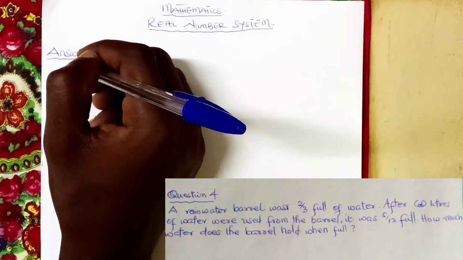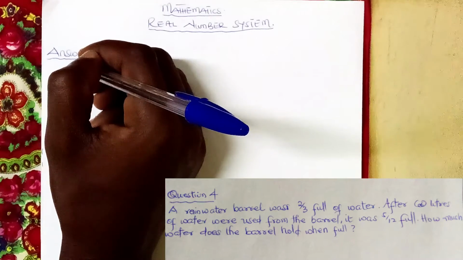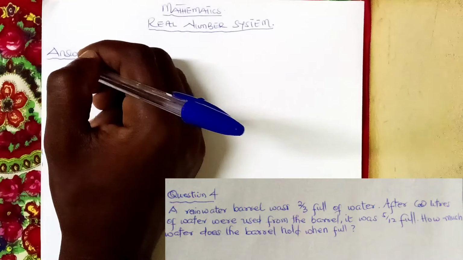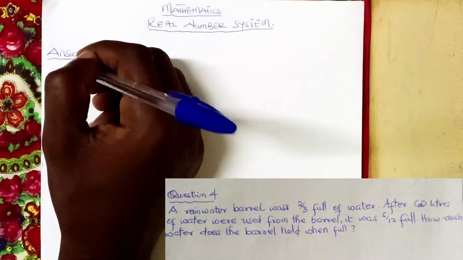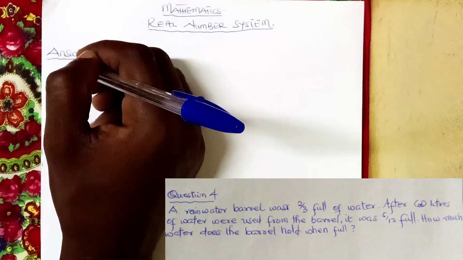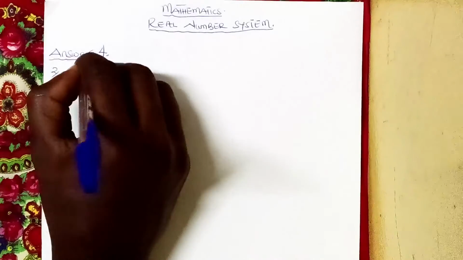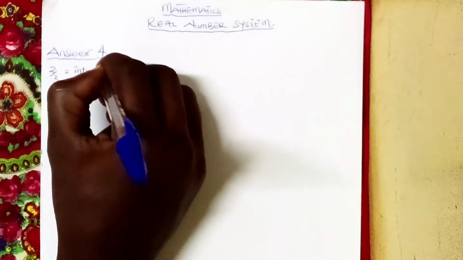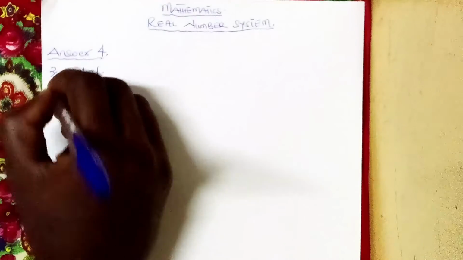So now we are going to find the total amount of water when the barrel is full, in liters. So first thing you write is the initial fullness, that's 2 on 3. That's the initial fullness of the barrel. And we were given 60 liters.